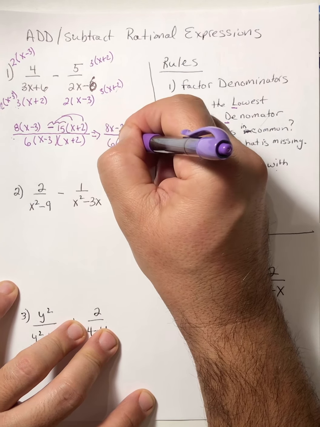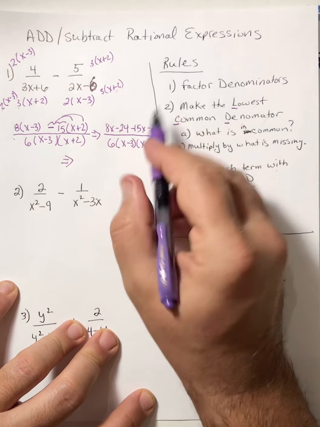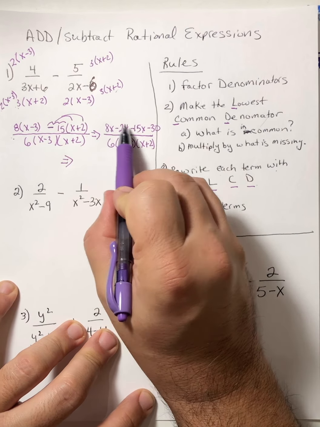And now we have to combine like terms at the top. And so what is this? 8x minus 15x is a negative 7x. And then negative 24 and negative 30 is a negative 54. And then we just rewrite the bottom.